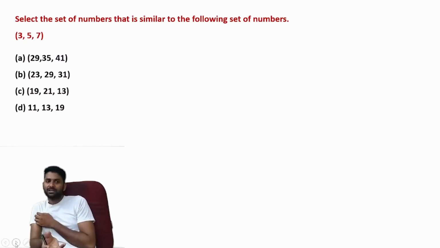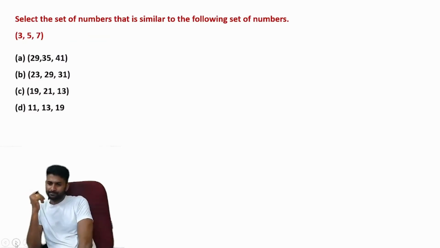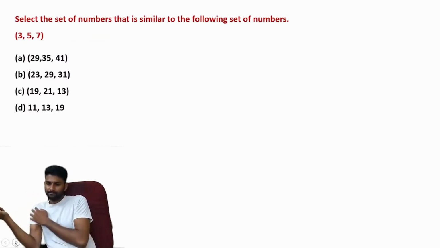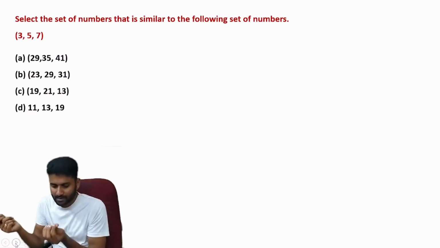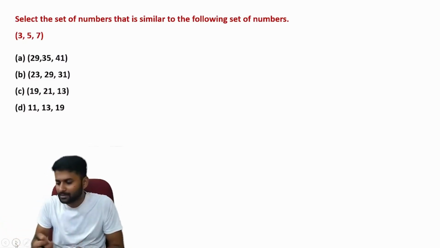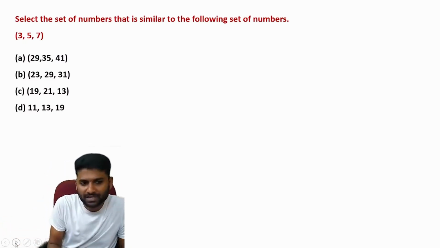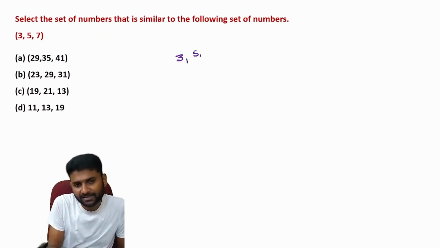There is one relation there, and one of the options must satisfy the same relation. Anyone? So what is the relation here between 3, 5, 7?